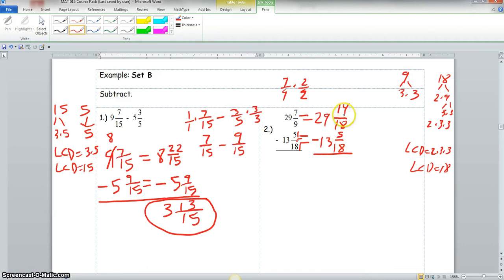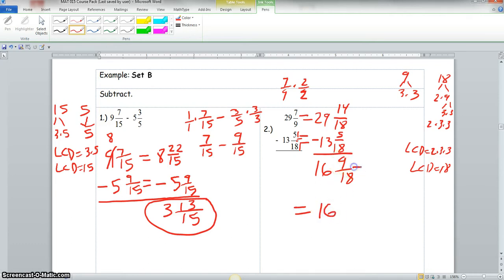Now it just worked out here that this top fraction is actually larger than this bottom fraction. 14 over 18 minus 5 over 18 is 9 over 18. And 29 minus 13 is 16. Now if we look at this fraction here, we can simplify it. So what I want you to do first is write down your whole number down here.